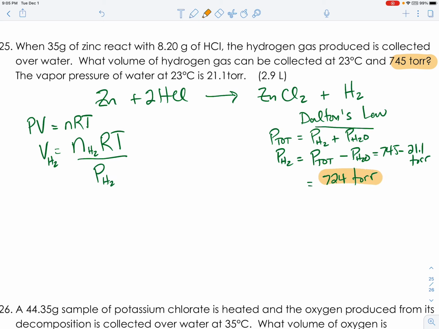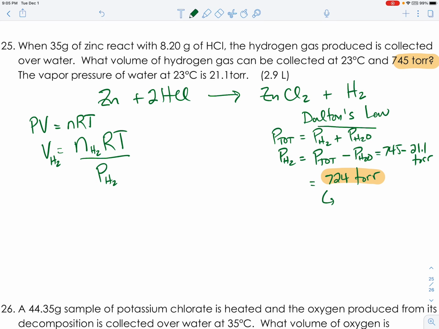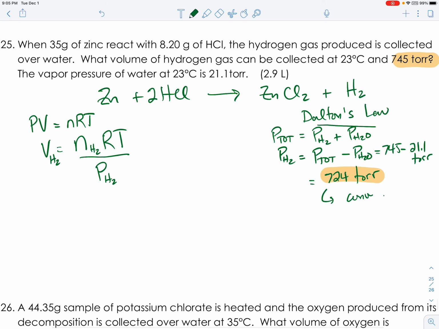But we can't use torr in the ideal gas law. We're going to have to convert that. You can convert that to either atmospheres or kilopascals. All right, so convert to atmospheres or kilopascals. Once you have that calculated, then we would know the temperature of the gas, we would know R, we would know pressure of the gas.